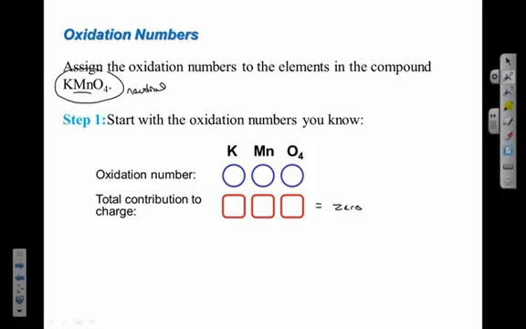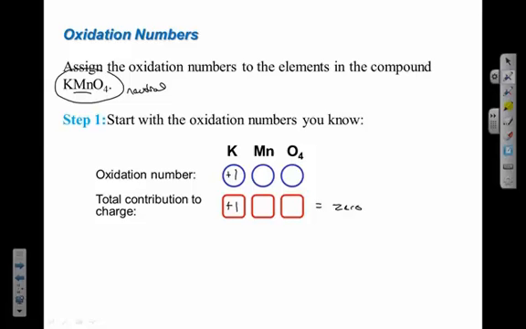Because metals in 1A like to lose 1 electron and gain a +1 charge. That's its oxidation number. We're not going to have extra electrons assigned to a group 1A metal. It's not going to have those electrons. It's not going to be sharing them. So I recognize for potassium, its oxidation number should be a +1. And since I've got one of those, that's going to contribute +1 to the overall sum of the oxidation numbers.